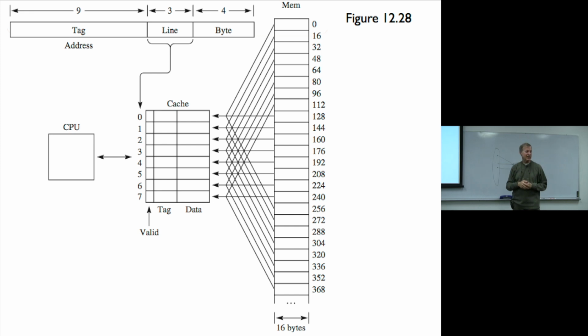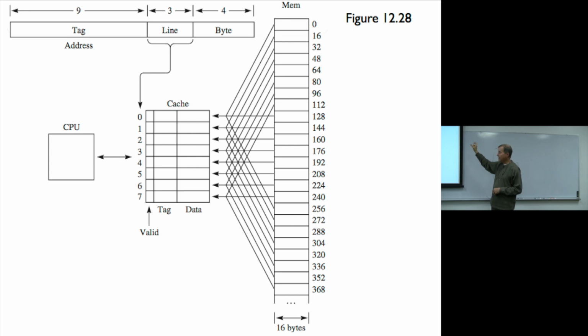So this is like Pep9, right? Very small. Are you with me? Those fields are called tag, line, and byte. On the right-hand side we have a picture of main memory. Those addresses are in decimal instead of hex, but we'll just put them in decimal.